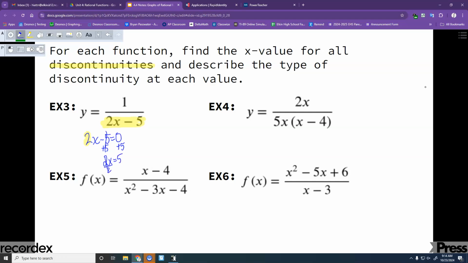We divide by 2, and x would equal 5 halves, or if you want to do 2.5, that would be the same. That is definitely a discontinuity. Is it a hole or a vertical asymptote? It is a vertical asymptote because it doesn't cancel with the top, because there's nothing in the top but a 1, right? So it doesn't cancel.